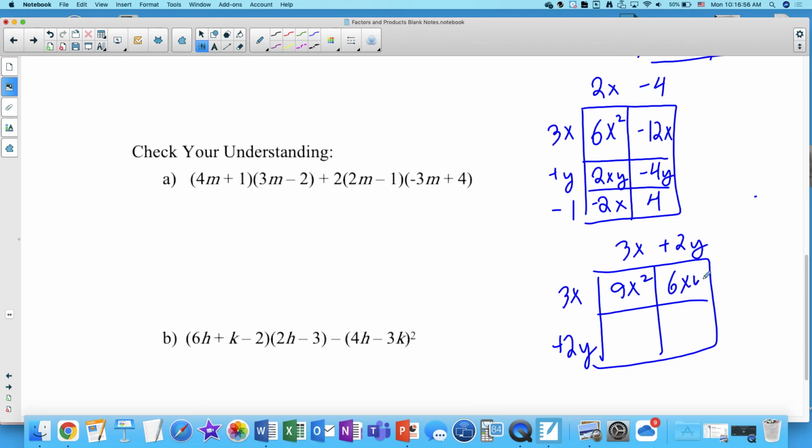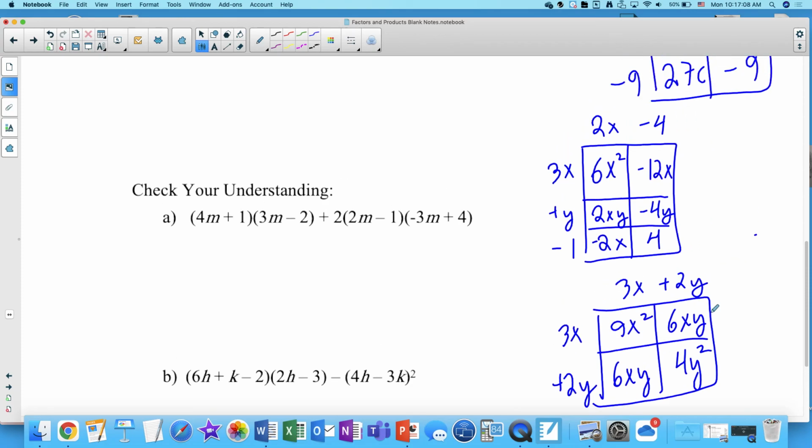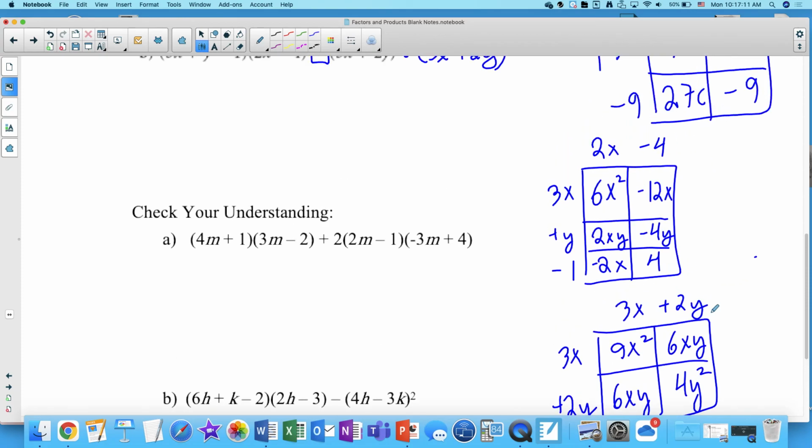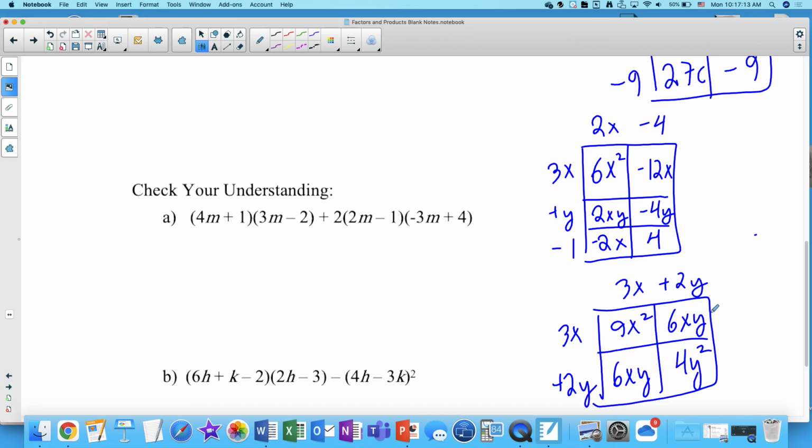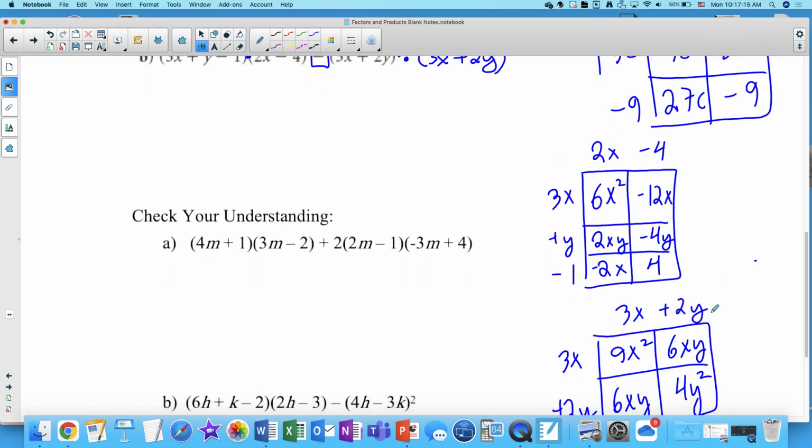Okay, so what I need to do is take the first one and subtract the second. And I'm going to do two steps in one. I'll put that subtraction down as I combine like terms within this box. So I've got 6x squared. And then I do have another x term. There's the negative 12x and the minus 2x. So that's going to be minus 14x.